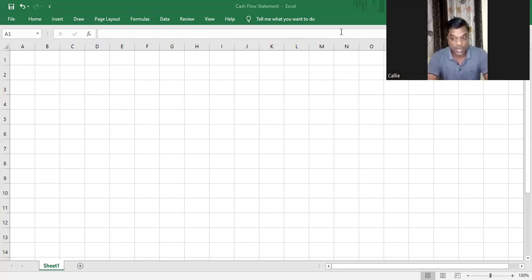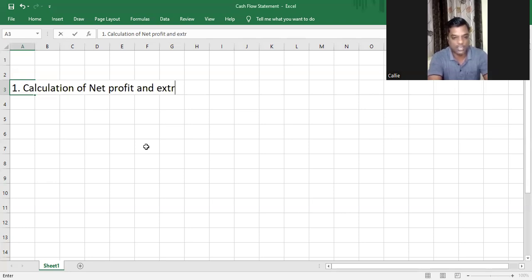The first of that working note is calculation of net profit before tax and extraordinary items.